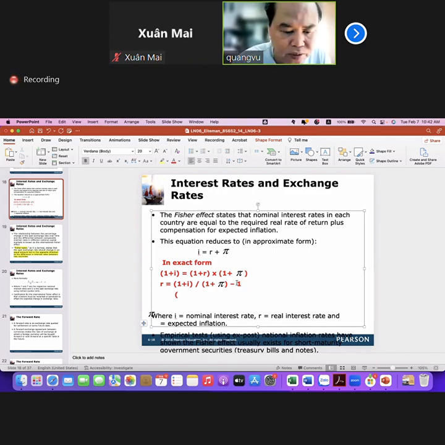Okay, and then from our example, the real rate you actually earn from your deposit account equals (1 plus 10%) divided by (1 plus inflation rate 6%), and then minus 1. The real return you actually earn after 1 year is approximately, I don't have a calculator here.